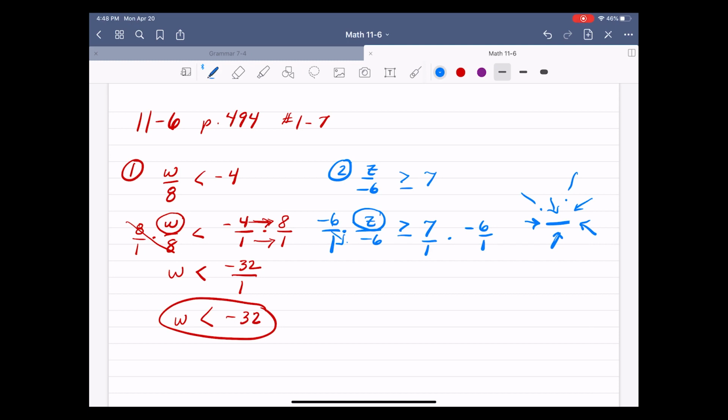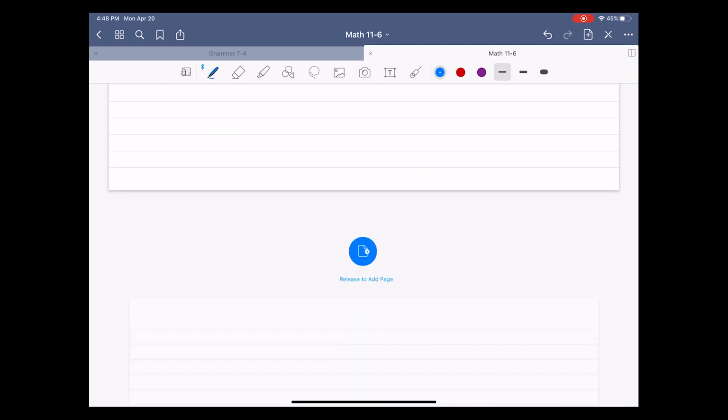So I'm going to have to switch the sign. These are canceling out. Z over 1 is just Z. Straight across, multiplying fractions, 7 times a negative 6 is a negative 42 over 1. Z is less than or equal to negative 42. Number 3.